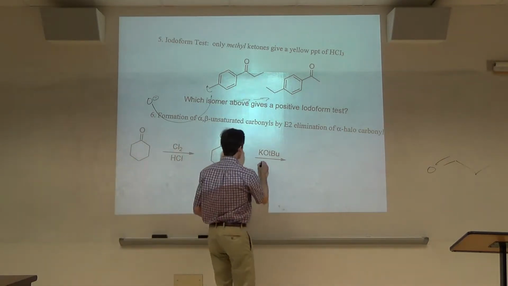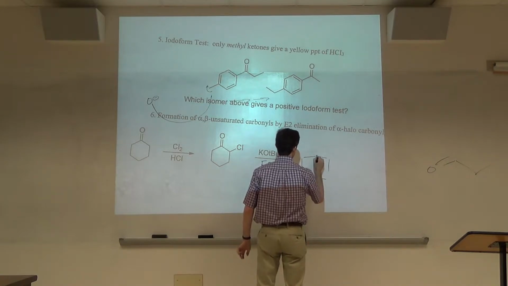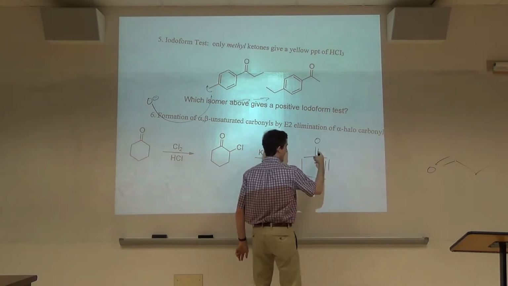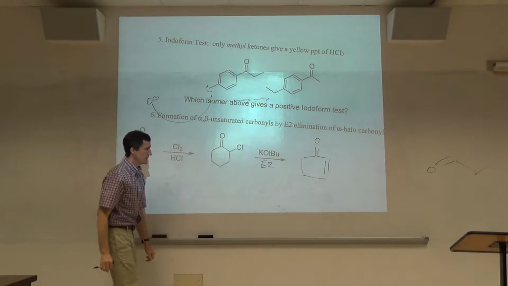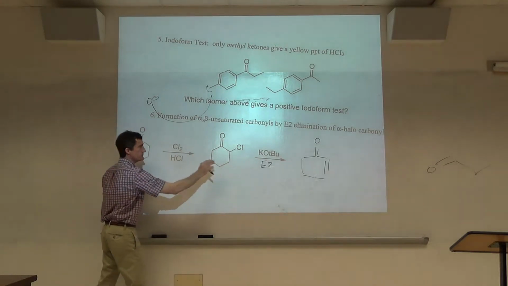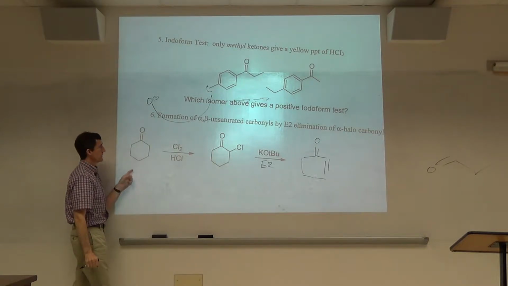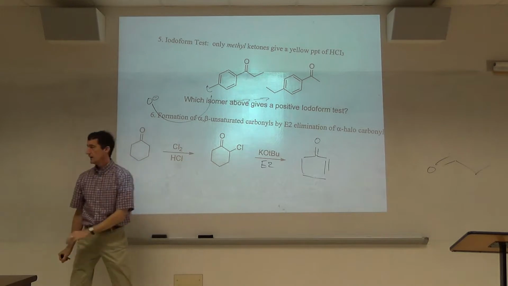And when we eliminated by E2, we made an alpha-beta unsaturated ketone there. With this method, we do not build a larger molecule. I mean, we added no more carbons than what we started with, we just put the double bond in.